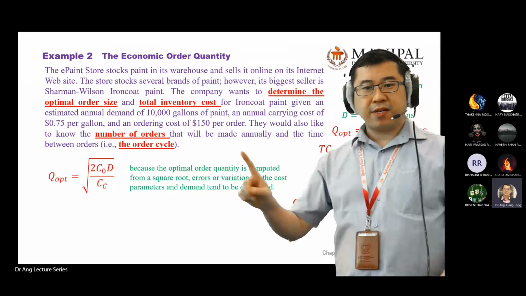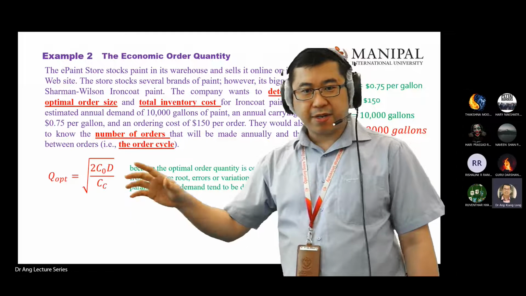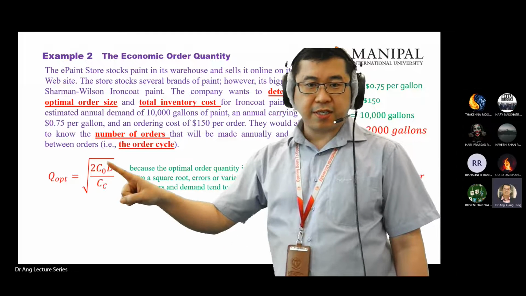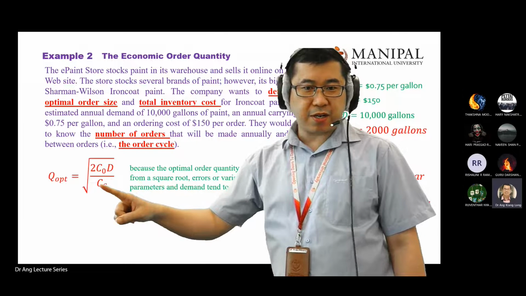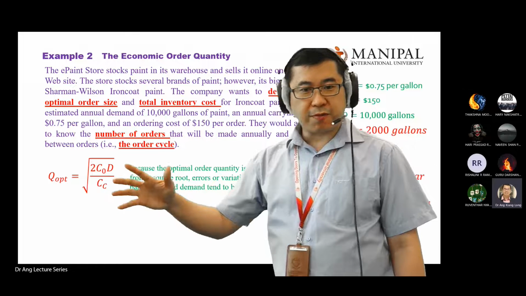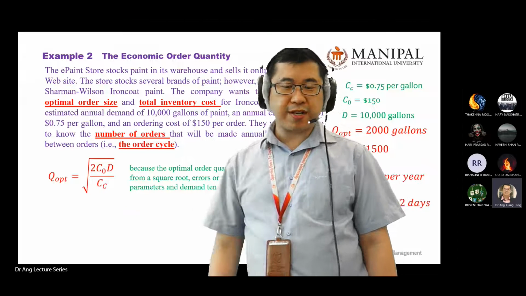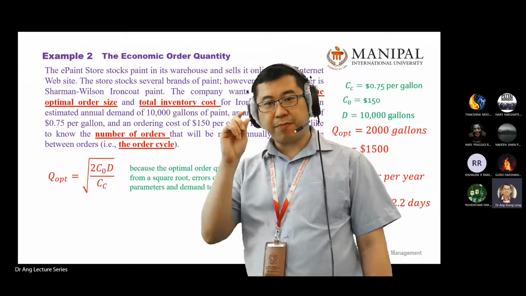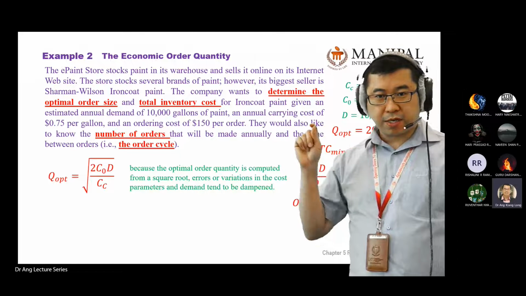Let's say the order cost may be plus minus 2, and the carrying cost also plus minus 2 or plus minus 10. But when you do the calculation with the square root, every time you take a square root, you make the number smaller. So actually the error also becomes smaller.